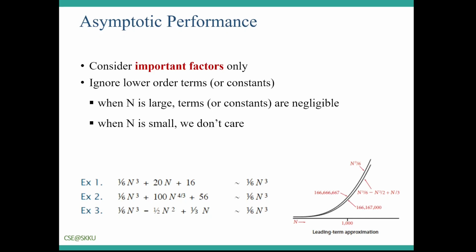We say f(n) equals big theta of g(n) if and only if there exist positive constants c1, c2, and n0 such that c1 multiply g(n) is less than or equal to f(n), which is less than or equal to c2 multiply g(n), for all n where n is greater than or equal to n0.